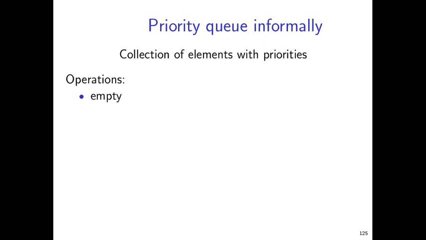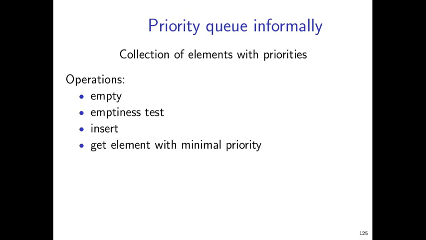So we need the empty queue, of course. We need to test whether the queue is empty. We need an insert operation. And we need, well, return the element with a minimum priority. That's the operations we are interested in.